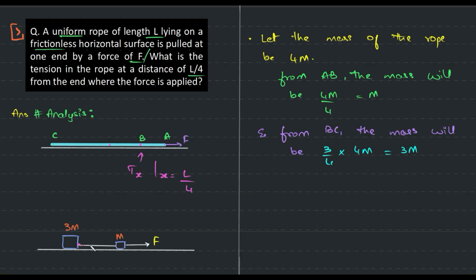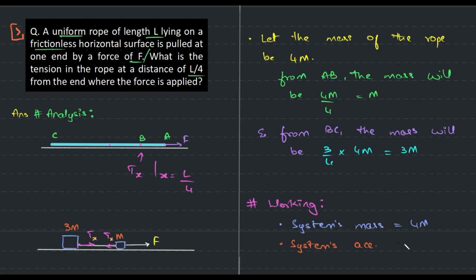So what we have to figure out is the tension between these two. This is Tx, by the way. Before that, we need to figure out the system's values. The system's mass is 4m.